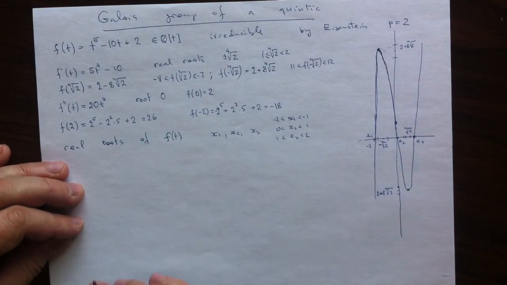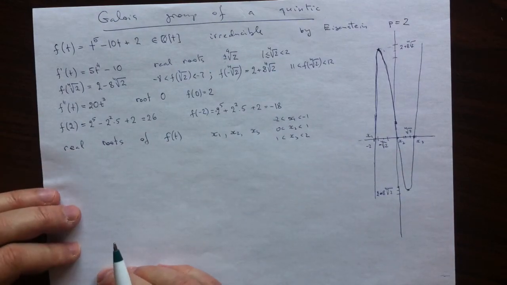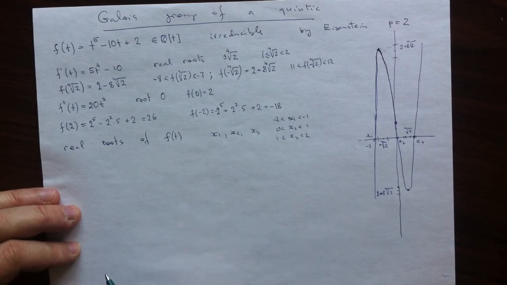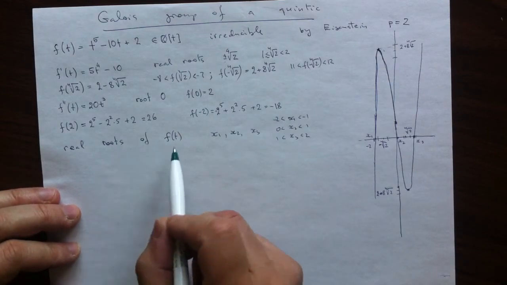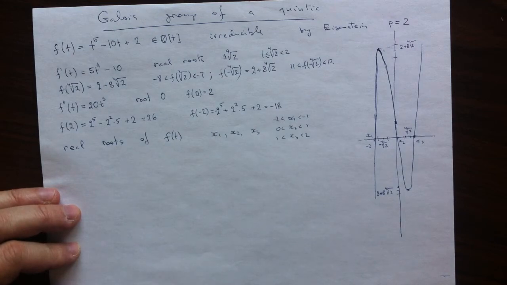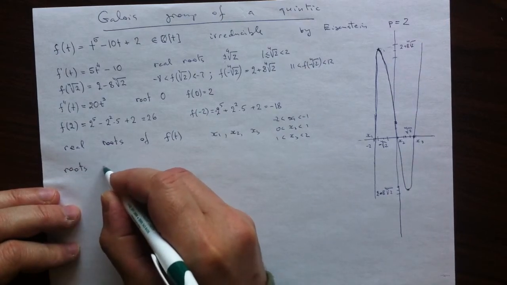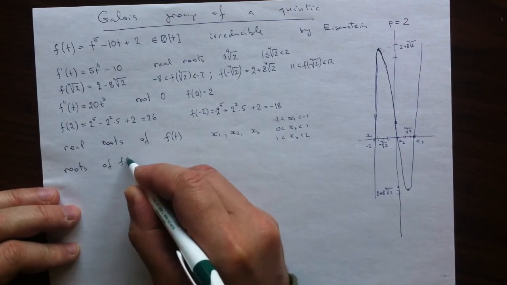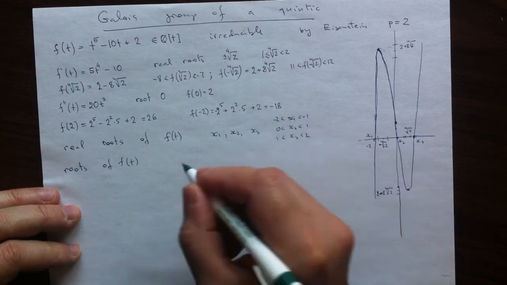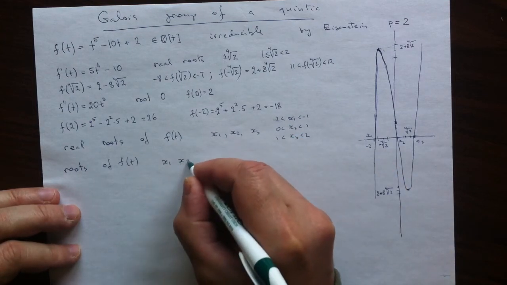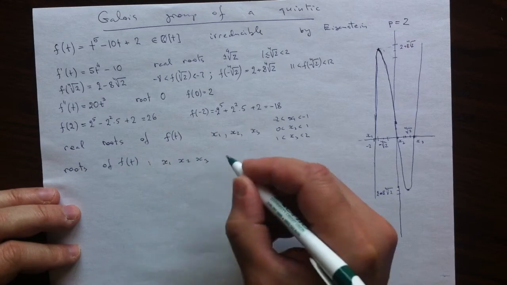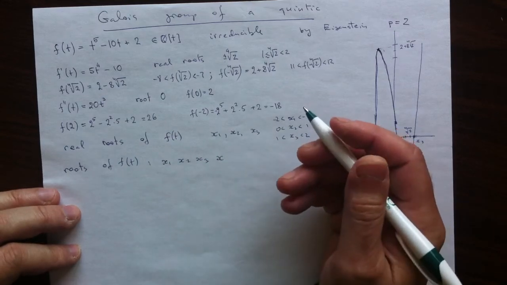And of course Newton's method can locate them as precisely as we like, but we're not really interested in it. What is important is we just have exactly 3 real roots. So if we look at all roots, and start with these real 3, x1, x2, x3, and then we should have 5.